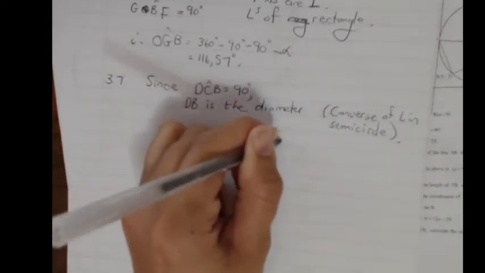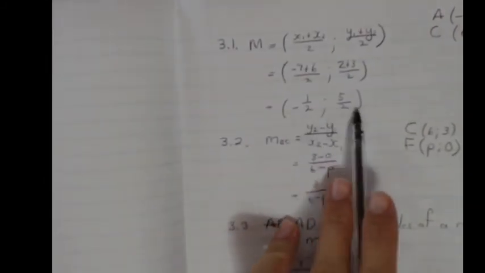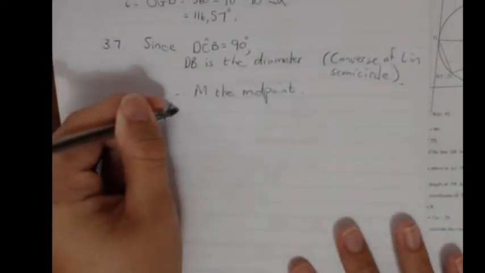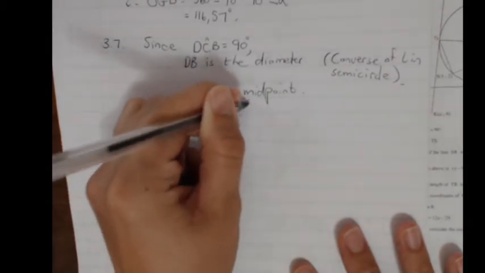All right, which means I already calculated M earlier as (negative 1/2, 5/2), which means a and b, the midpoint, is equal to (negative 1/2, 9/2).